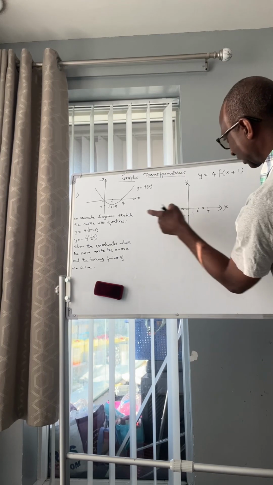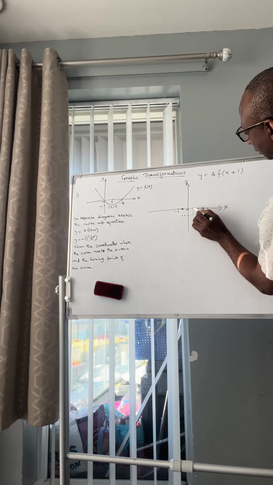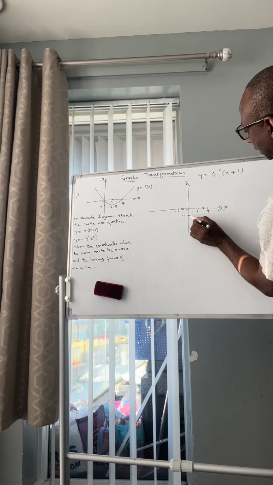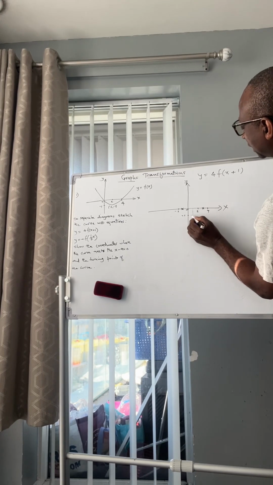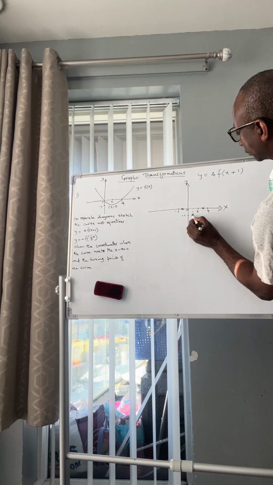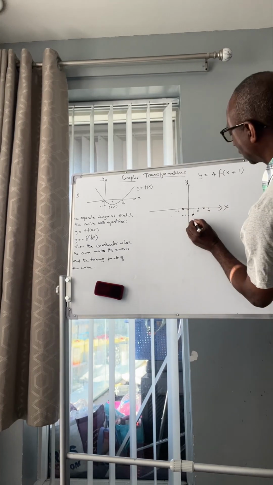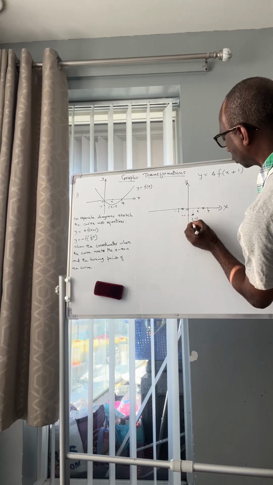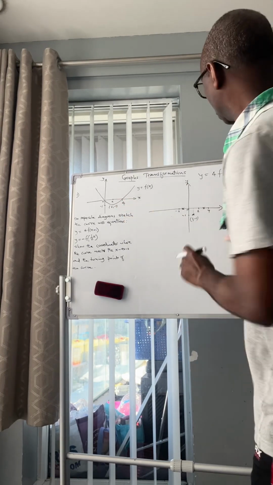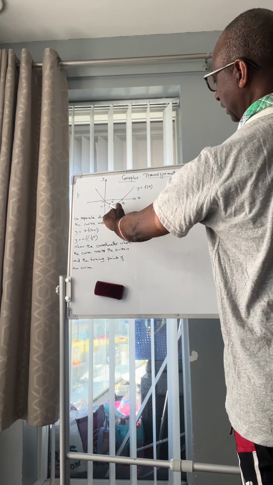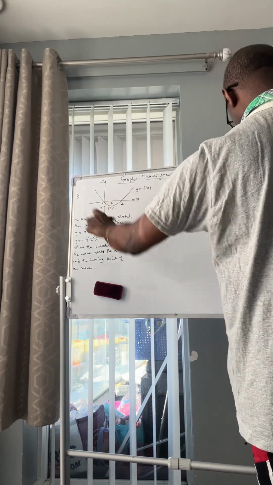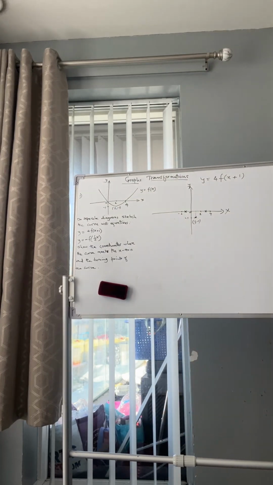So the new vertex position where this new point and this same point meet is here. So this is now our new vertex position, and that position now is going to be 1, -1. Because yes, we move 1 step towards the left. So these two is going to be 1.